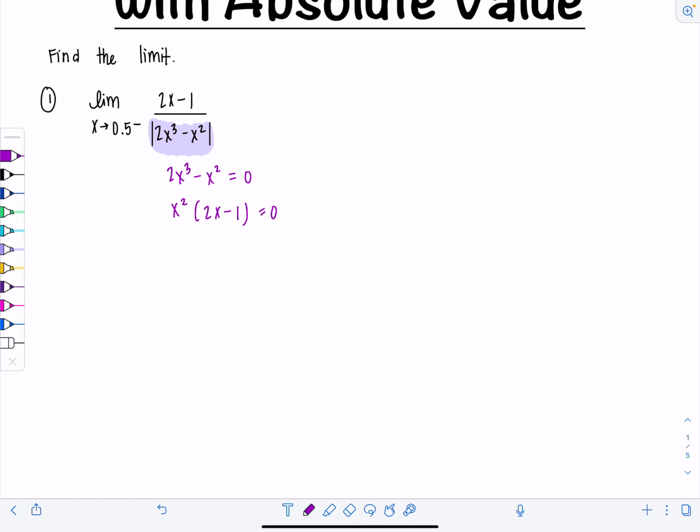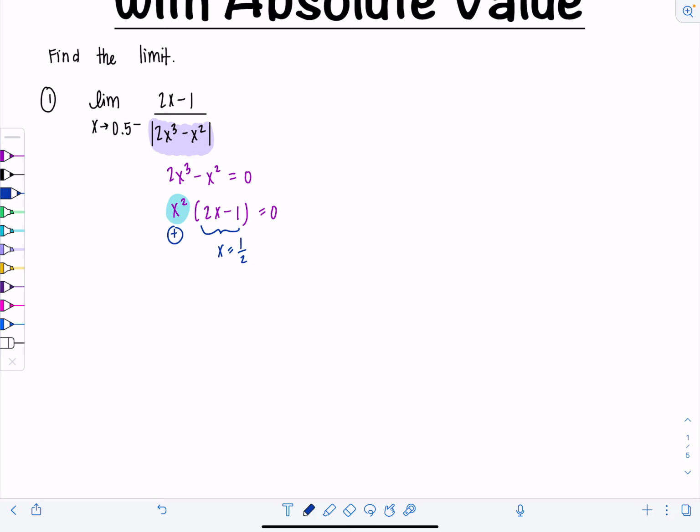So right away I notice, x squared is always going to be positive, worst case 0. And then 2x minus 1 is really controlling the sign of the expression inside the absolute value bars. So basically, I'm going to break up my domain for the absolute value expression at x equals 1/2.